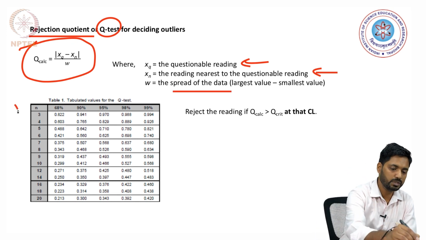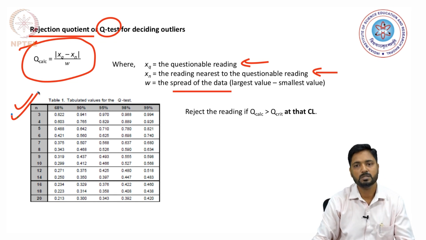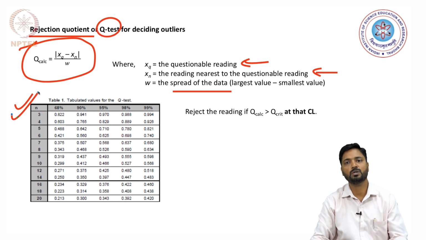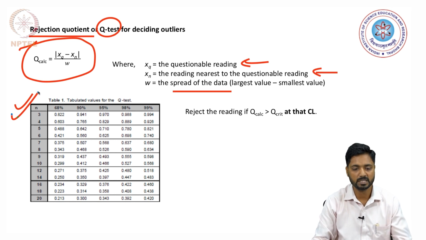We use a Q table, similar to the T table, to assess or to make a conclusion whether the reading at hand is indeed to be considered as an outlier or not. Okay.